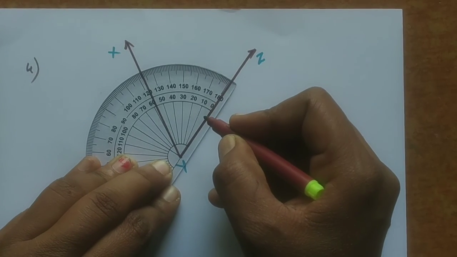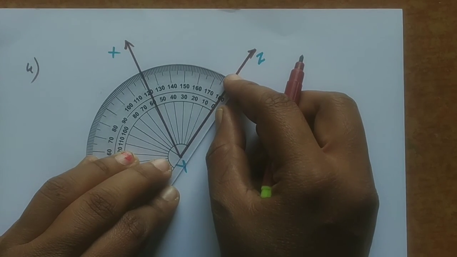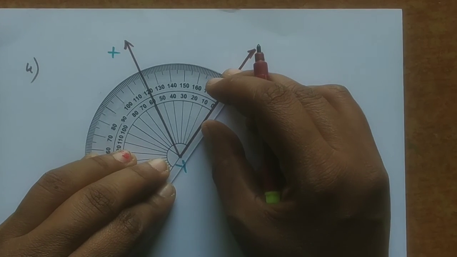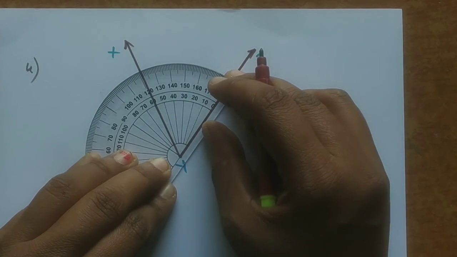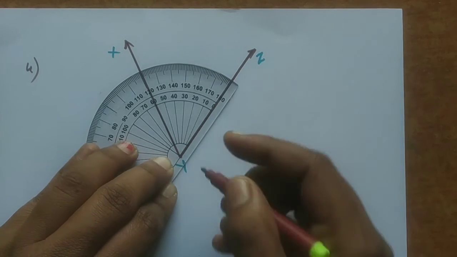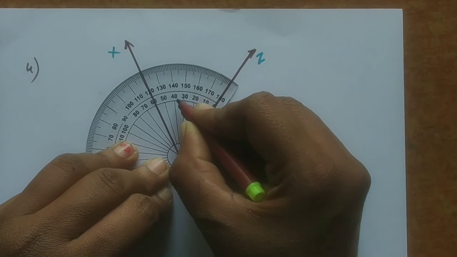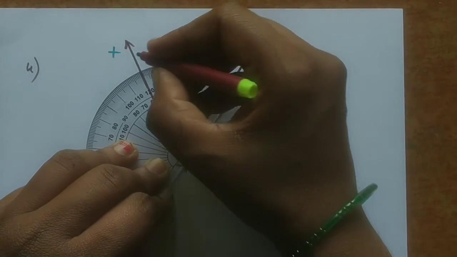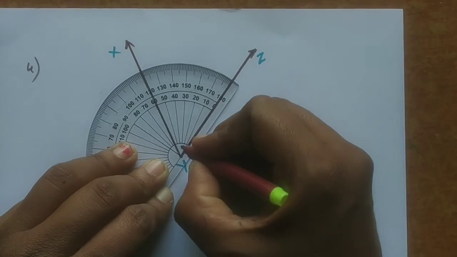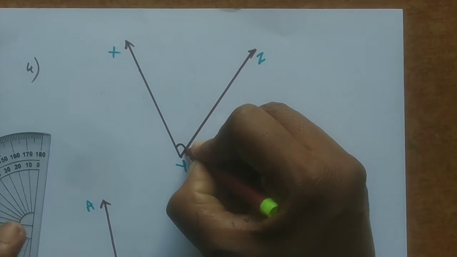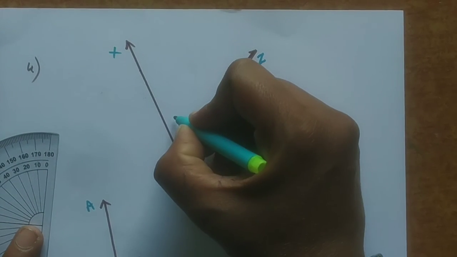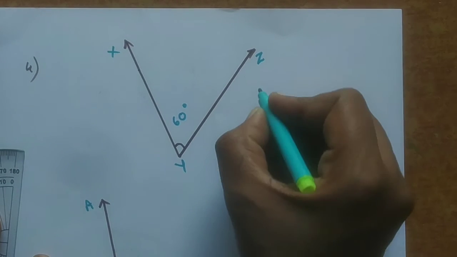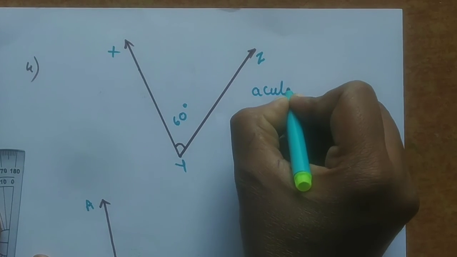So now we have to measure. 10 degree, 20, 30, 40, 50, 60. The line exactly coincides with the 60 degree. So the angle is 60 degree. So this also belongs to an acute angle.